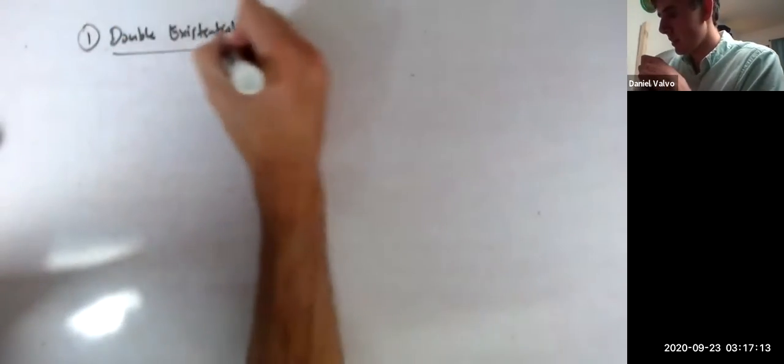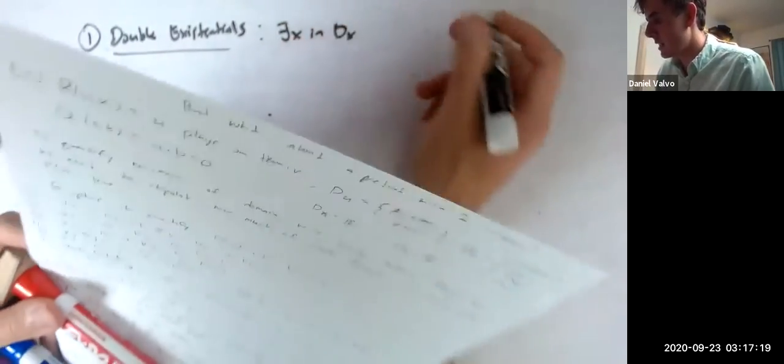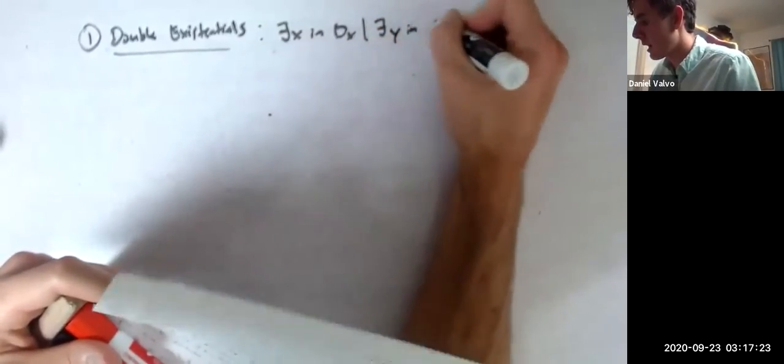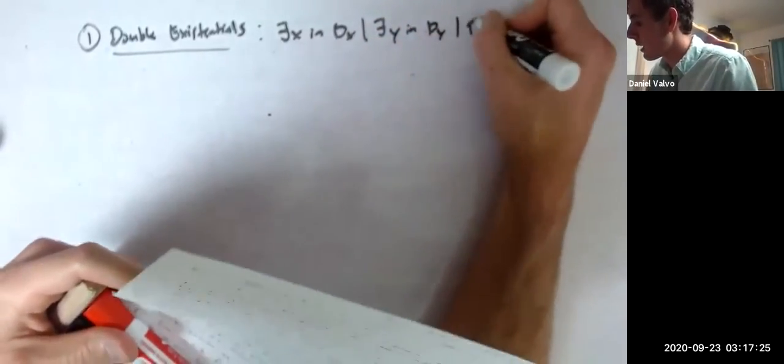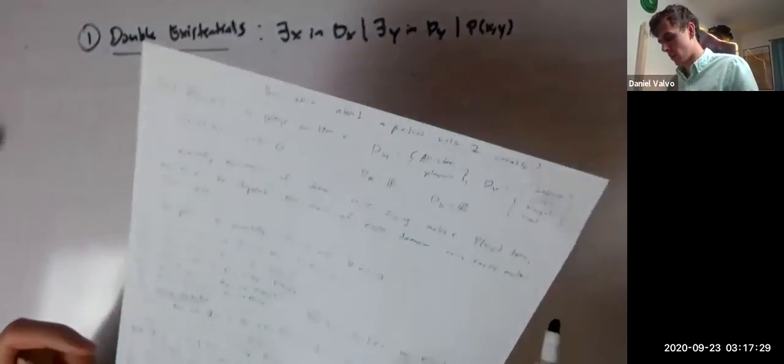And that goes like this. The general form is there exists an x in dx such that there exists a y in dy such that P of xy. That is the general form.